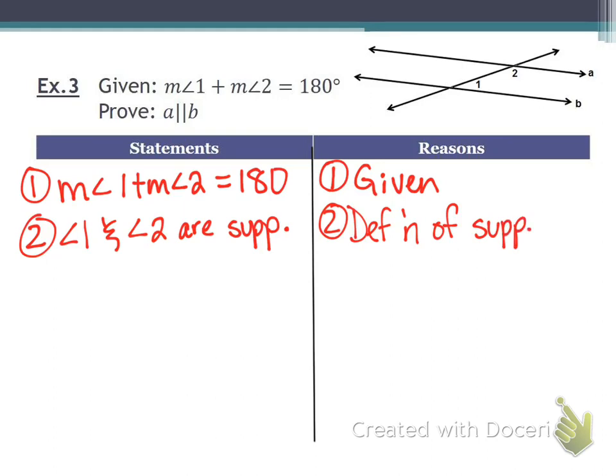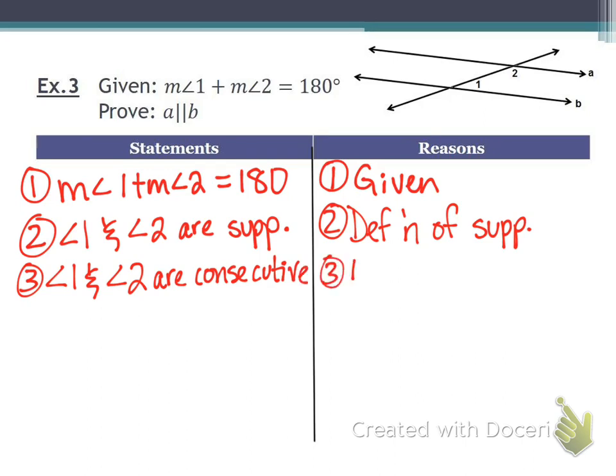Okay, next I think we should look at the diagram and think about what else we know about angles 1 and 2. They're consecutive. From the diagram, we can tell that angles 1 and 2 are consecutive. That is purely from the diagram, so we can write that we assume that from the diagram.